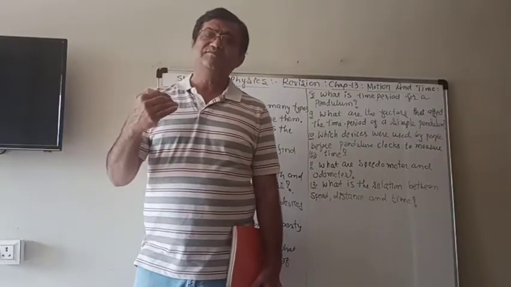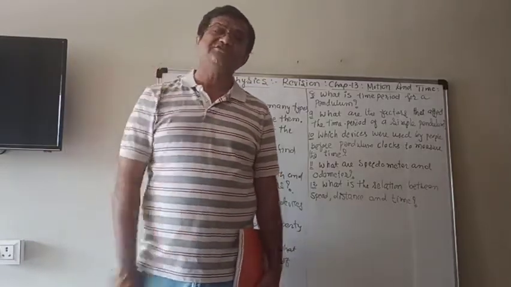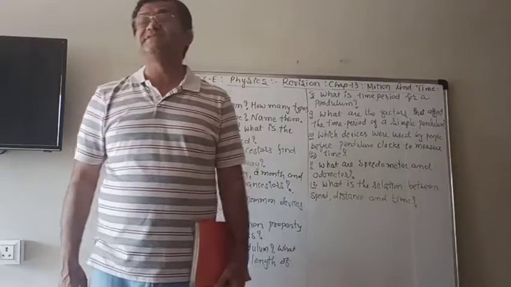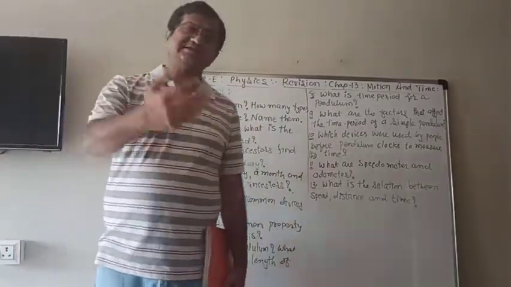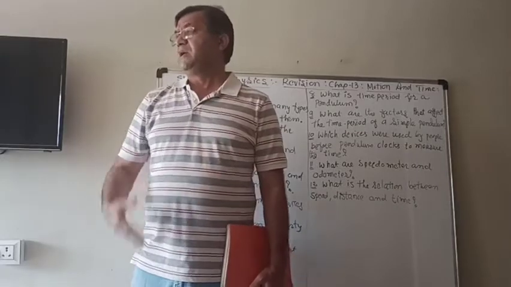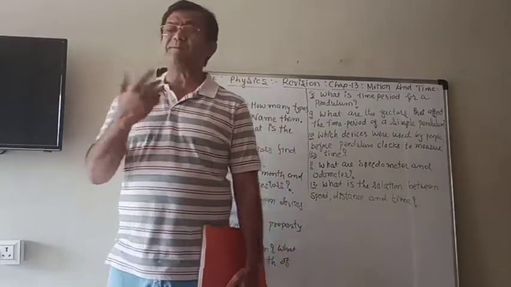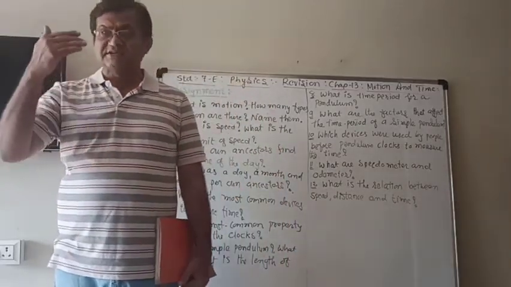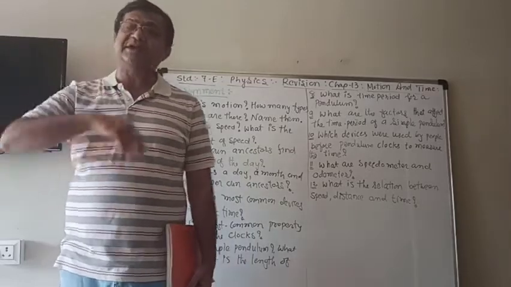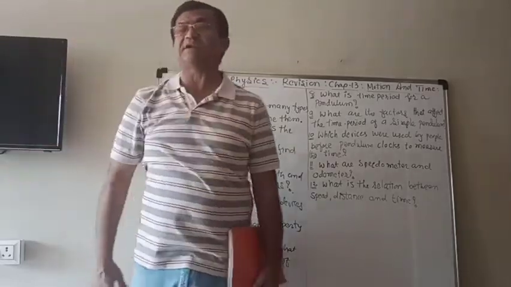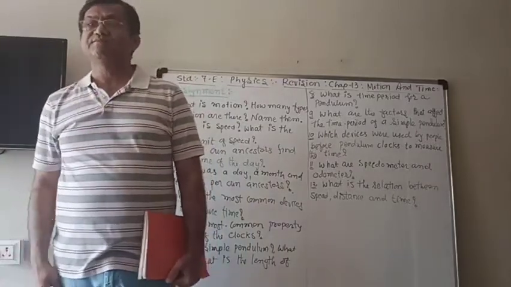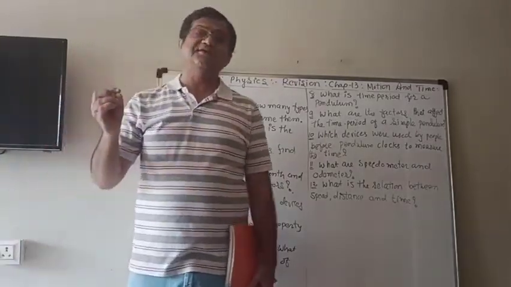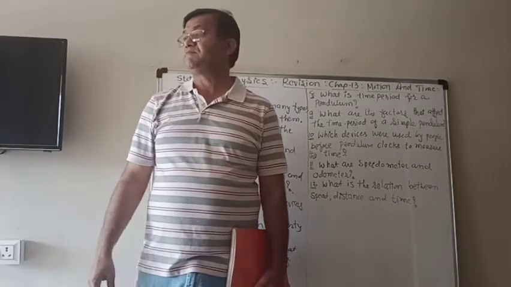What about the year? For the year, they were watching the different seasons, like spring or summer. The time period between a season starting and completing, and the next time the same season starts, they regarded as a complete year.